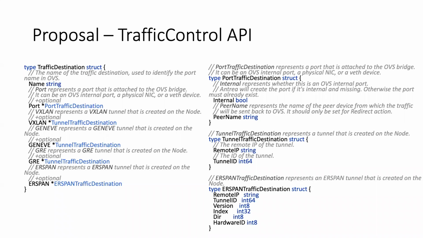But I think this mode should be a little more friendly to users. They can describe all desired behavior in a single API, not something in a config map and other things in a CRD. Sure, but we could discuss. Yeah, I got that.